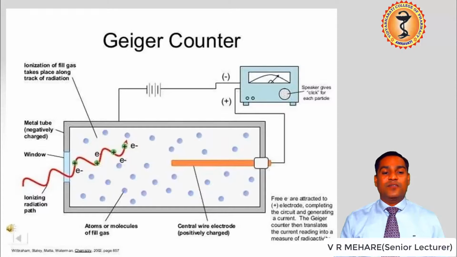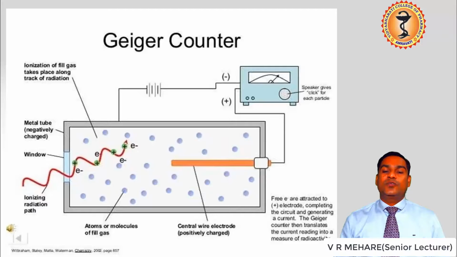It comprises a window and a metal tube which itself acts as a negatively charged electrode. An inert gas is filled within the chamber. Then at the center of this cylinder, coaxially, an electrode is mounted which acts as a positively charged electrode.